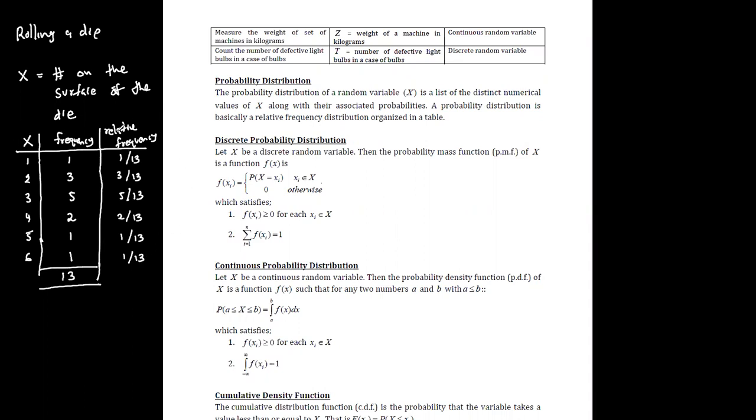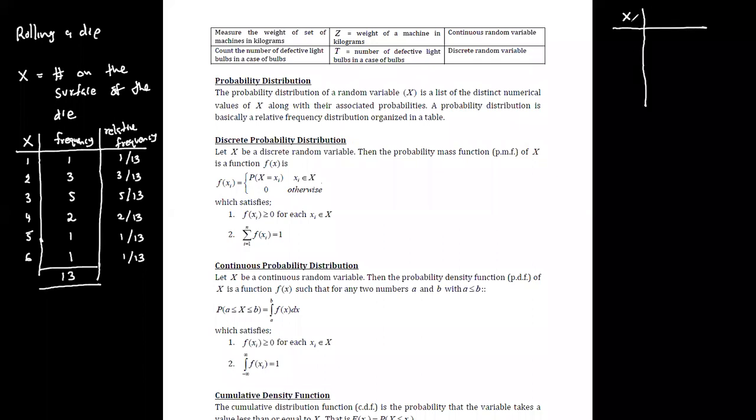If you see this relative frequency, it says that the relative frequency of getting 1 is 1 over 13. The relative frequency of getting 3 is 5 over 13. Now think about constructing a table including this x and the relative frequency. This relative frequency is said to be the probability of that event. Therefore, it is the simplest definition that we can give for probability based on this table.